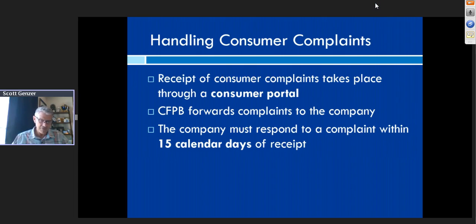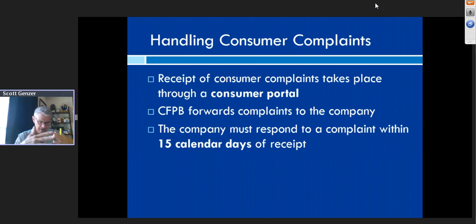So once they receive the complaints, the Bureau forwards them to the company named, and the response is carried back through a secure system called the company portal. We have 15 days. We must follow what the portal manual outlines, and we have to respond to that complaint within 15 days.